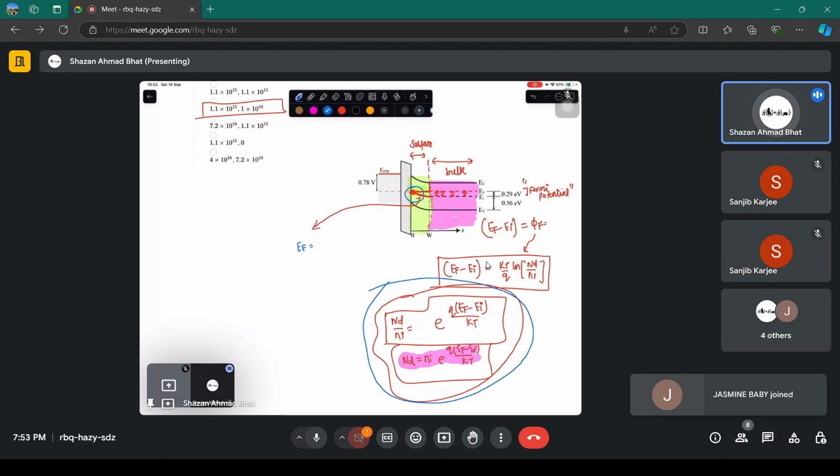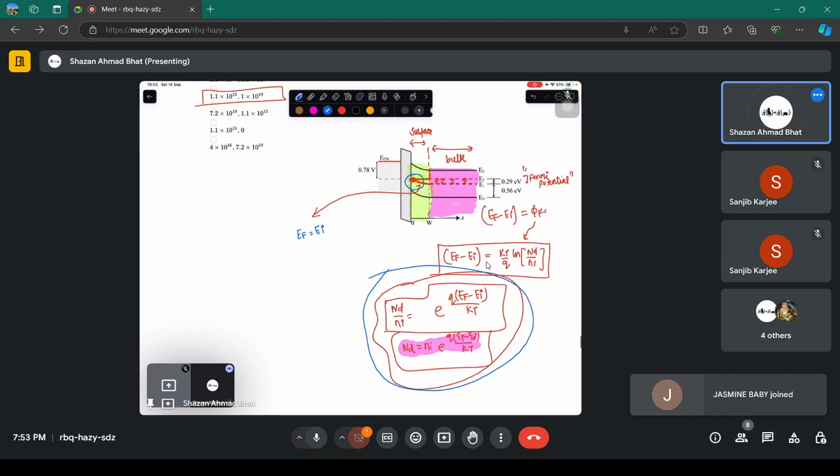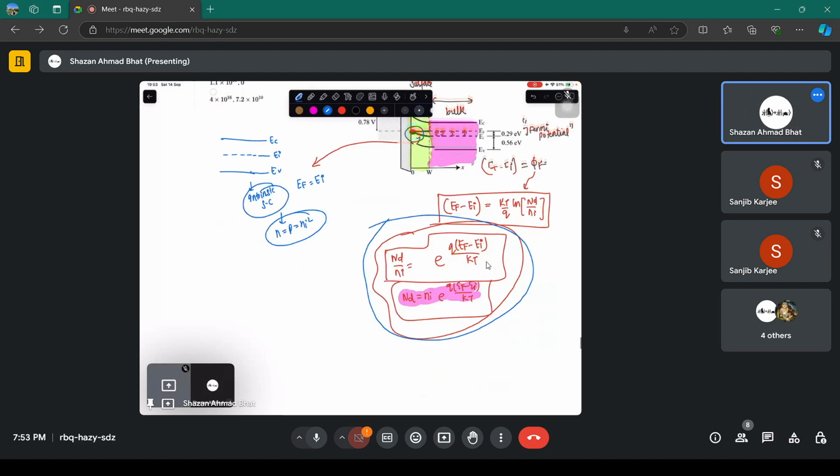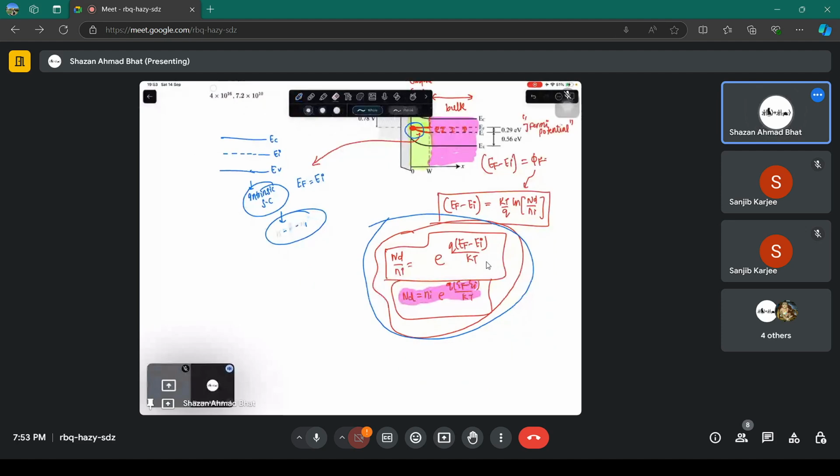Because the Fermi level is equivalent to the intrinsic level. Whenever you have a semiconductor where the intrinsic level is in the middle, that is the Fermi level. This is basically an intrinsic semiconductor, and in an intrinsic semiconductor n equals p equals ni, so the product n times p equals ni squared.